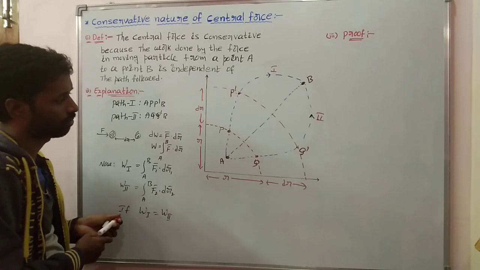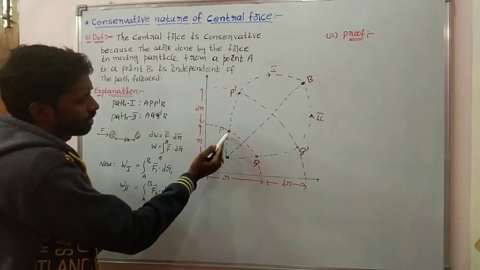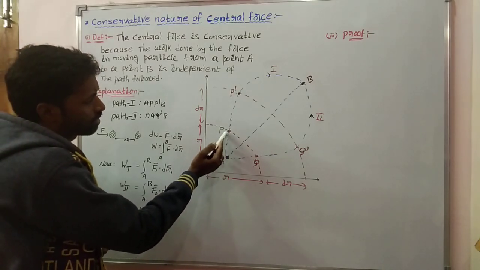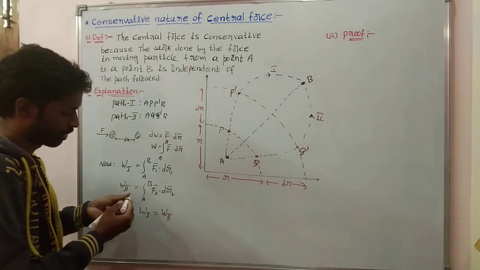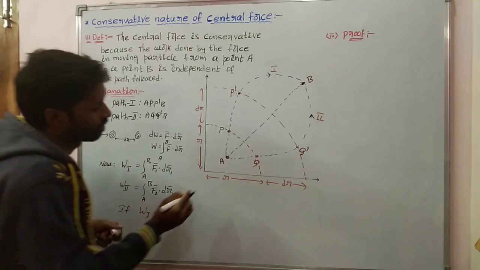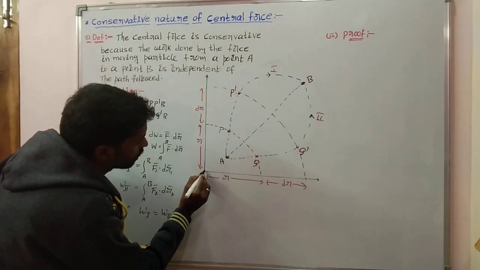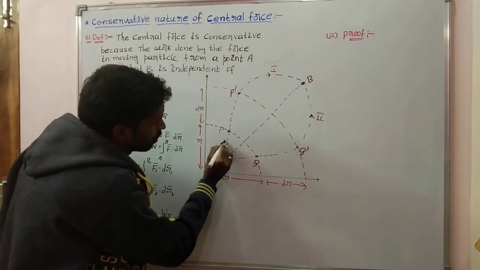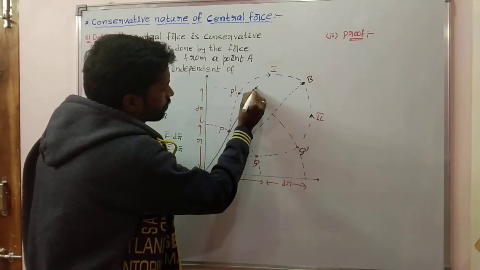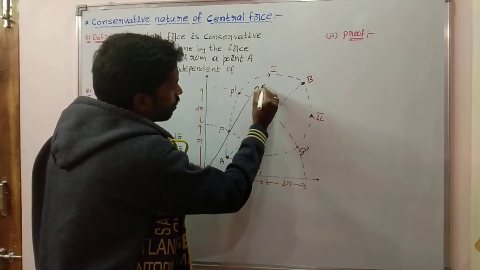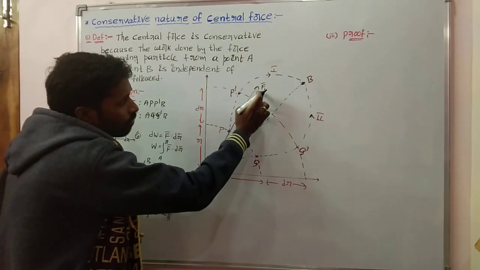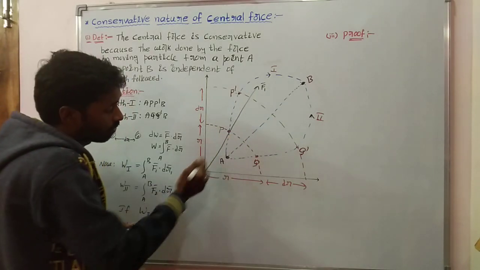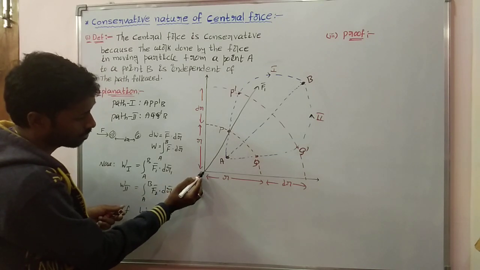Okay. Now let us suppose our particle is at point P or at point Q. Now we apply a central force on this particle. Let us say F1 bar. This is our fixed point.